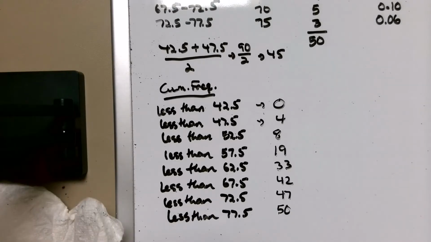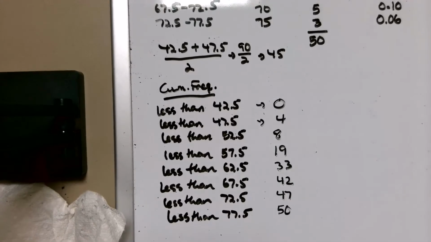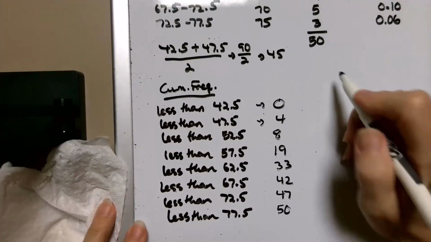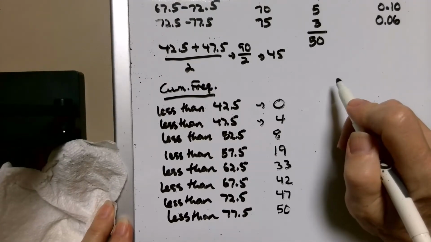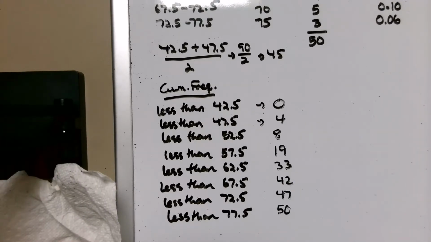So we're going to use all of this data to make relative frequency graphs like we did earlier in the other video. And so the first graph that we're going to make is a relative frequency histogram. And let me get a new board here.